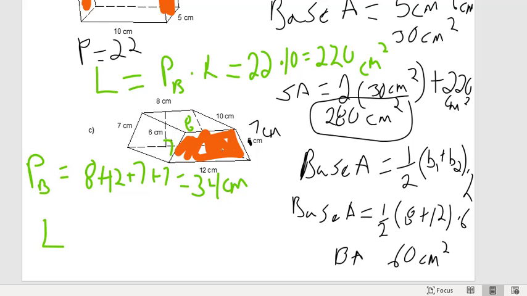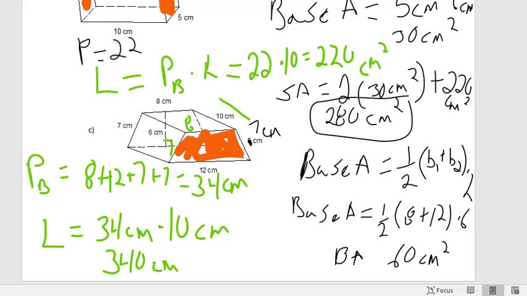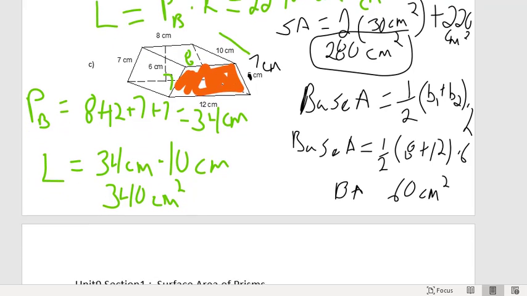Our lateral area now, area of all of the faces, is the perimeter, 34 centimeters, times the height of the prism, which is 10 centimeters. Okay, so 34 times 10 is 340 centimeters squared. All right, and one last step.